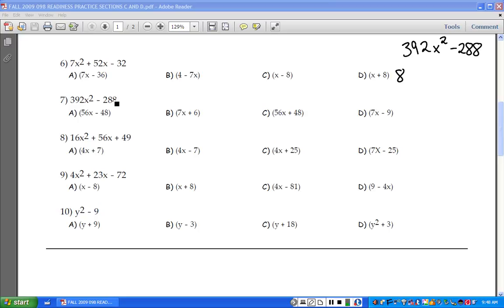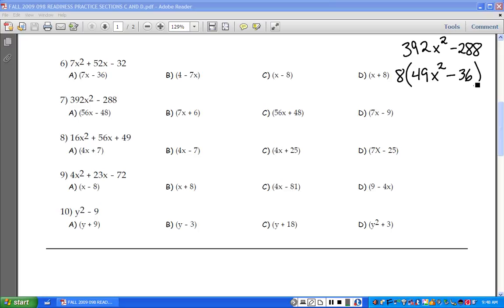So I just go ahead and write what's left after I factor out this 8. 392 divided by 8 is 49, and I still would have the x squared. And then negative 288 divided by 8, I'm left with a 36.